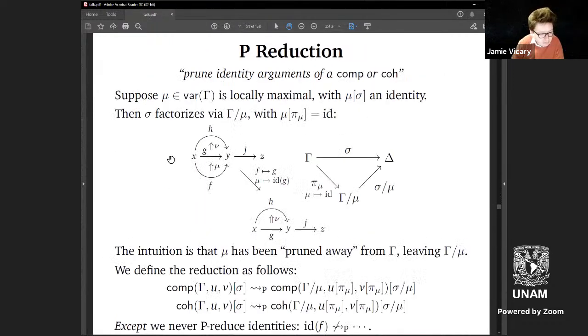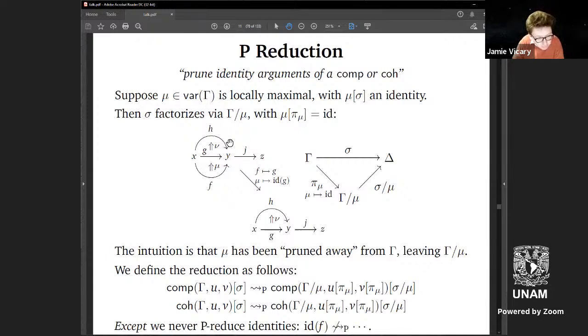Okay, so how do we find the reduction formally in terms of this syntax? Well, if this was our setting, gamma, sigma, and so on, and if we had this composite over the context gamma with terms u and v, and we were applying some functor sigma, then after the pruning, instead of having a composite over gamma, we've now got a composite over gamma slash mu.